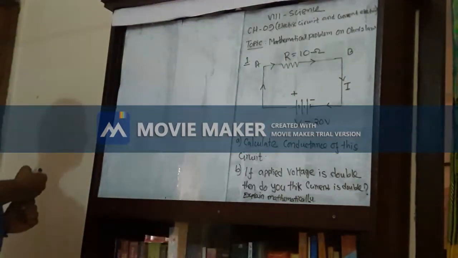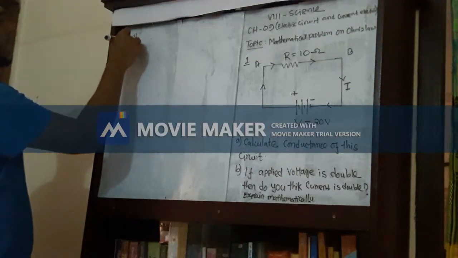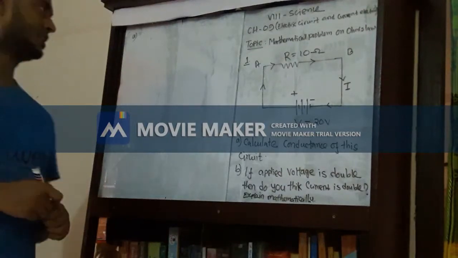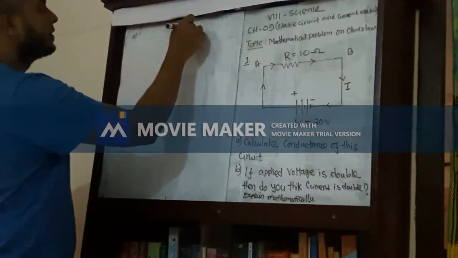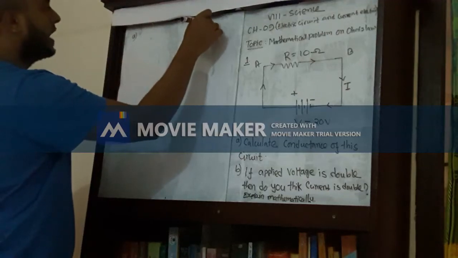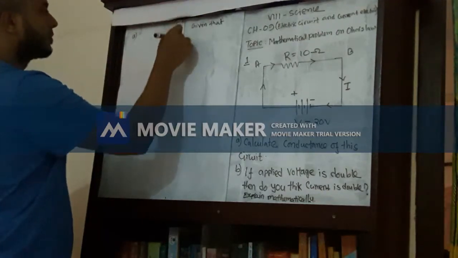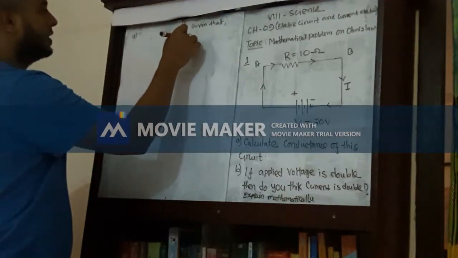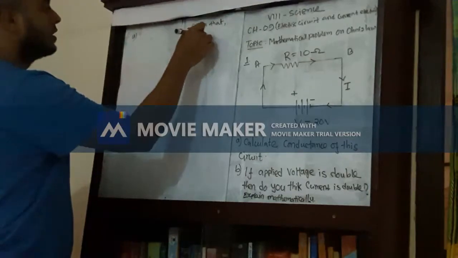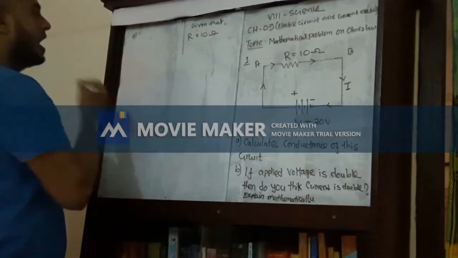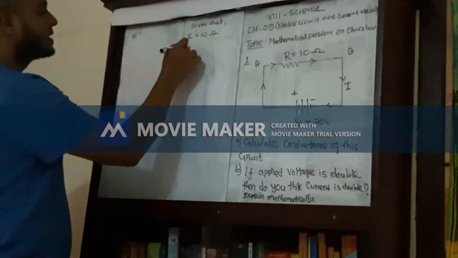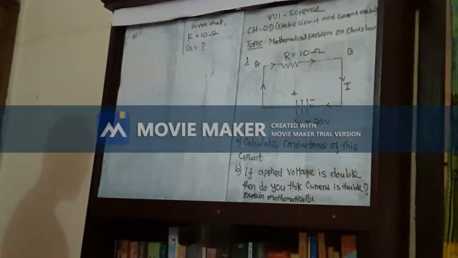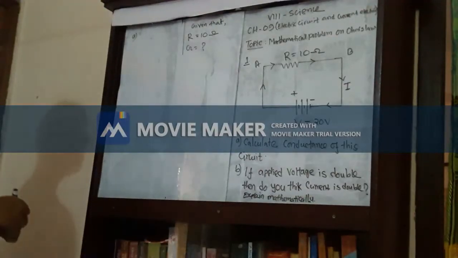I am going to start to solve question number A. Calculate conductance of this circuit. Here given that resistance R equal to 10 ohm, and I am to calculate conductance G equal to what? You already know that.